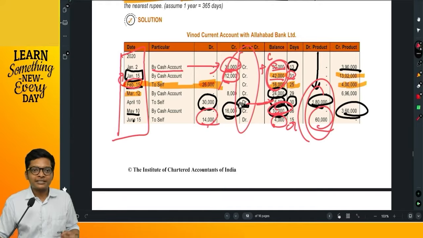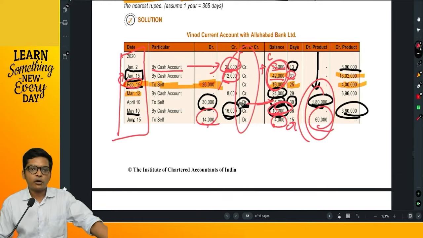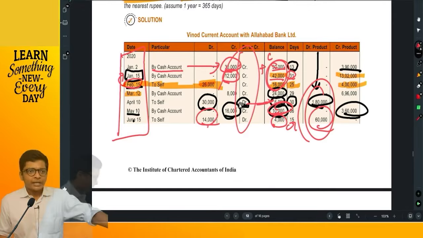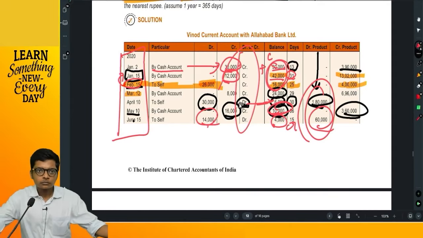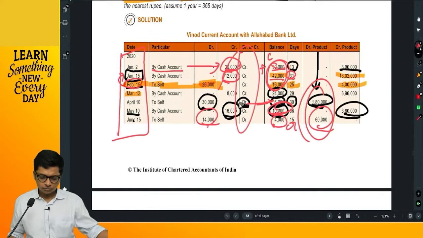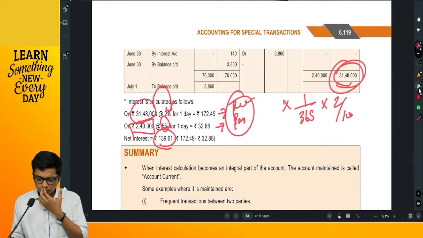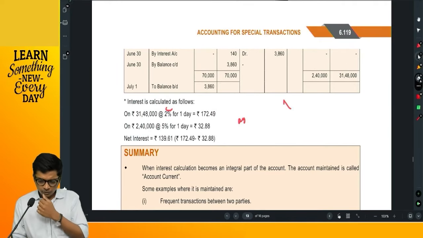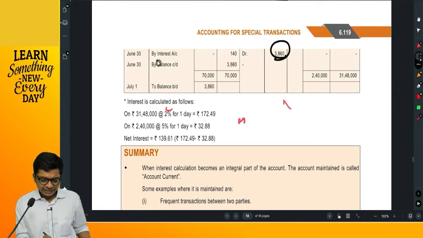Whenever overdraft comes, it's debit. Money is withdrawn. Following? So go through the sum. Anybody has doubt in account current? That's it. So with this account current is done. Which one? That's the interest.